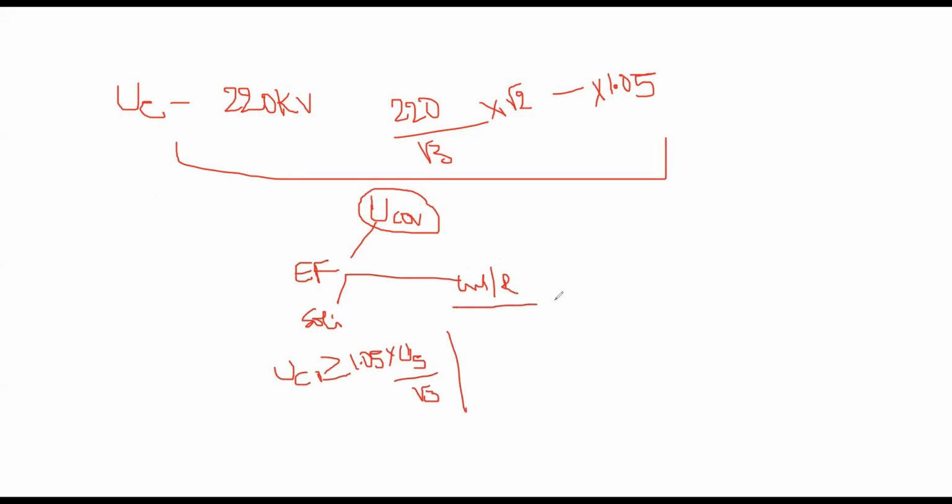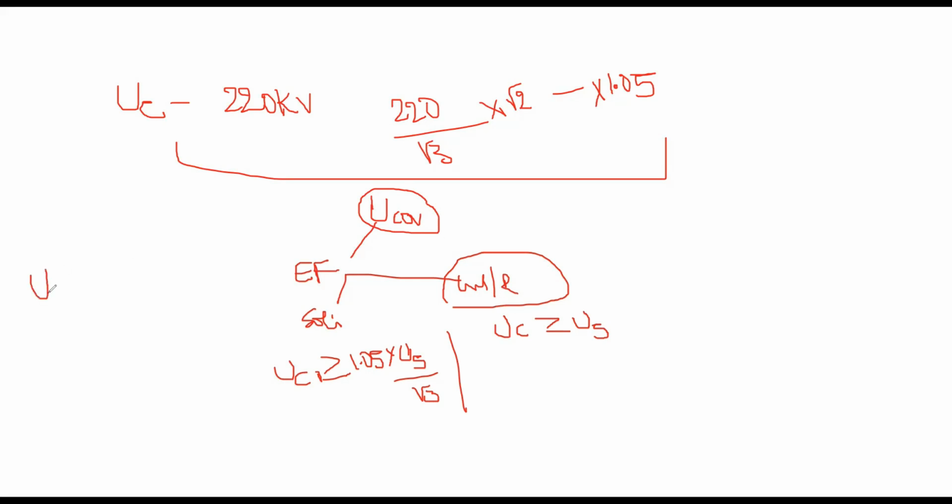And in a resonant or isolated grounded system, UC should be greater than only US. These are generally decisive for continuous operating voltage. Generally, we consider the system voltage for the resonant case.